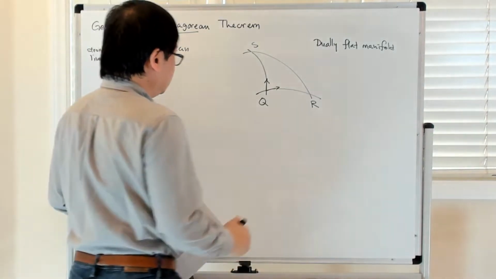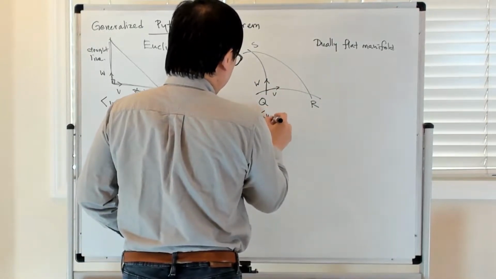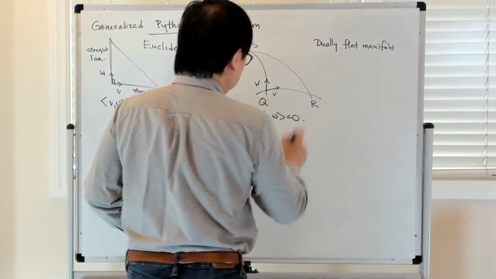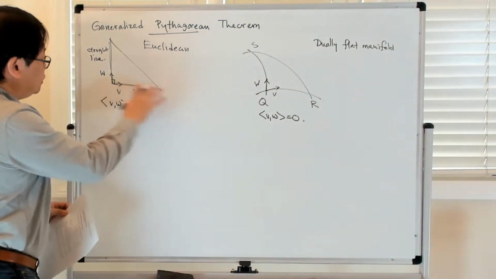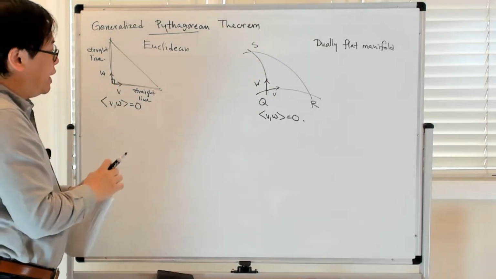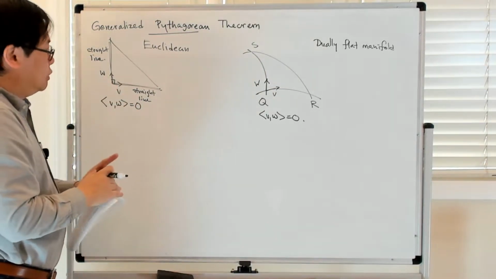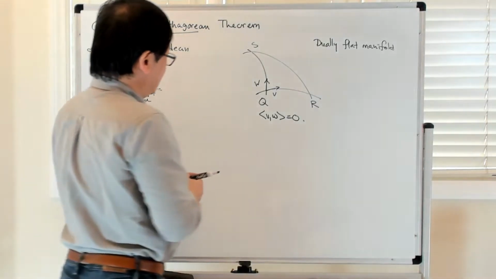So if this is V and W again, I want the inner product of V and W to be equal to 0. These two vectors meet at a right angle with respect to this notion of a Riemannian inner product.